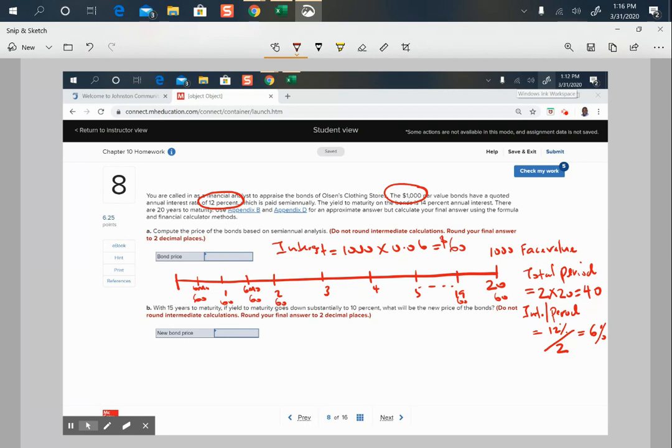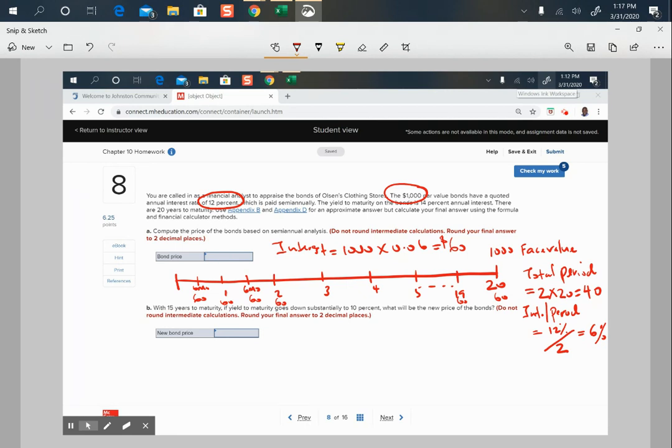Now, you could also just use 12% as your rate, and 12% of 1,000 will be 120. But then you have to remember we are paying interest every 6 months. Then you will divide 120 by 2, and then you still have the 60. So you could go either way, but the most important thing is to make sure you identify the correct payment in terms of interest.